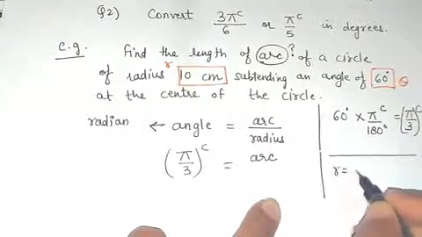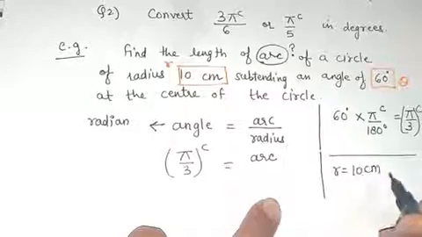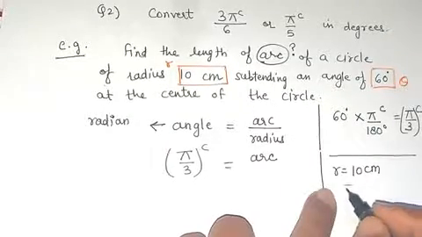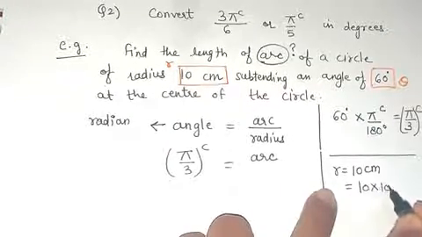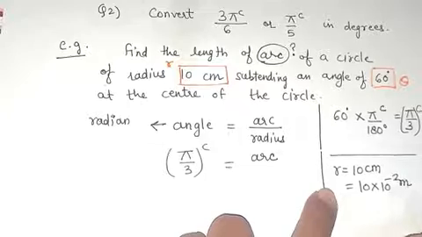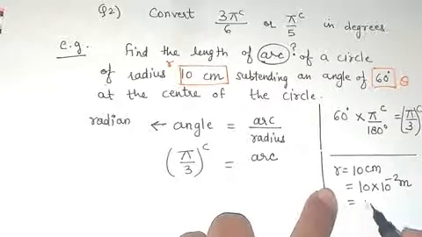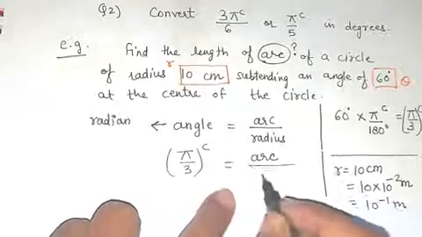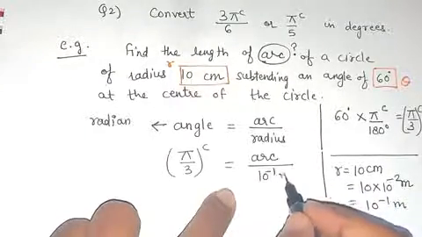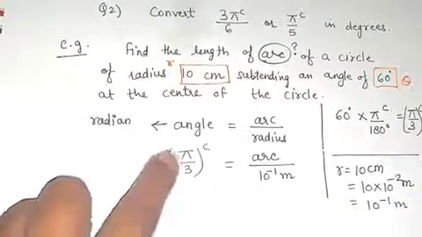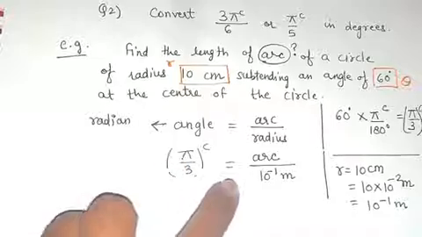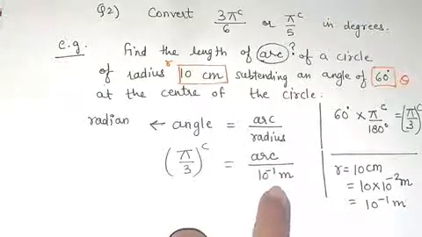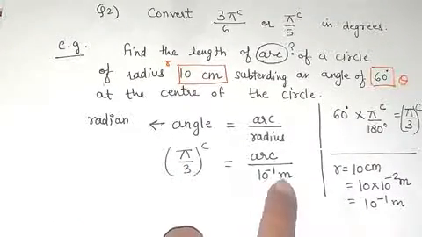So radius equal to 10 centimeter. To convert it into meter, let's multiply it by 10 raised to minus 2. So now this is 10 raised to minus 1 meter. Putting this value here, we get pi radian by 3 equals to arc divided by 10 raised to minus 1.